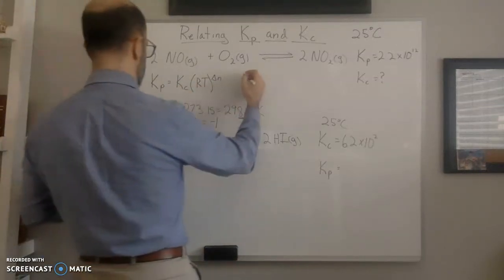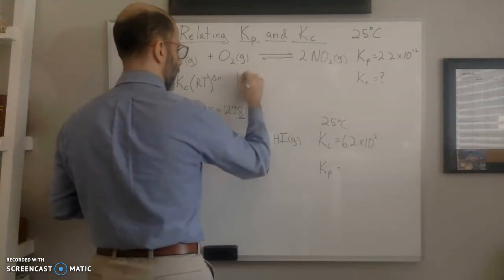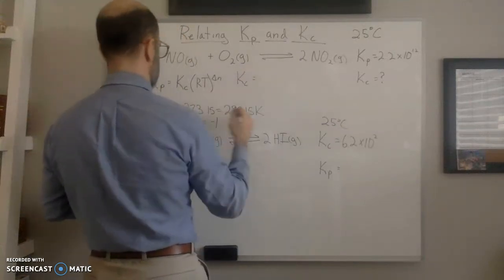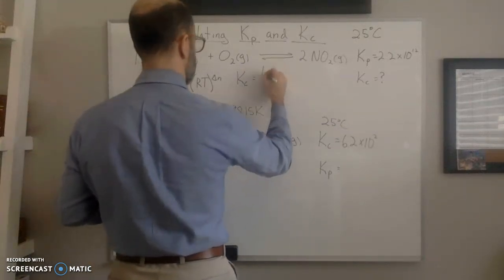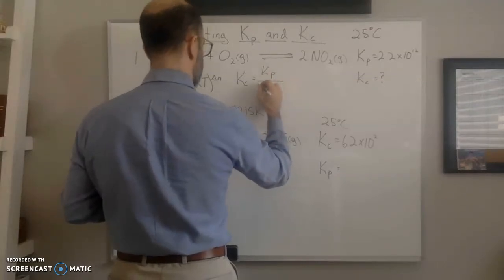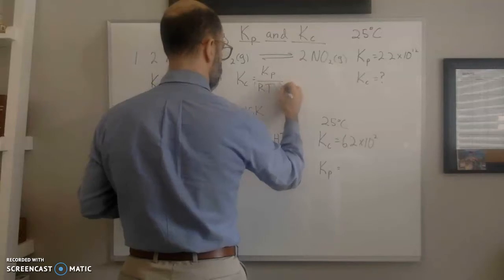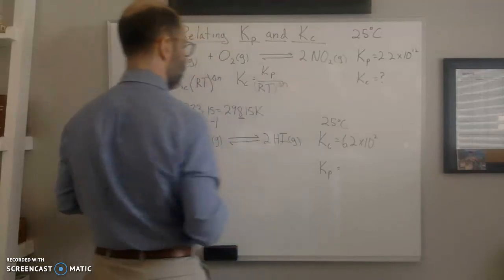So if we solve this for Kc, which is what we're looking for, Kc is going to be equal to Kp divided by RT to the delta n.